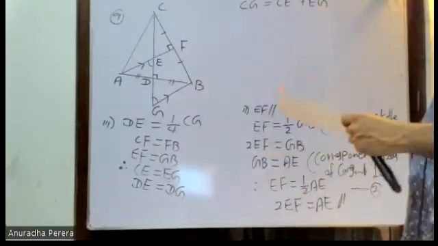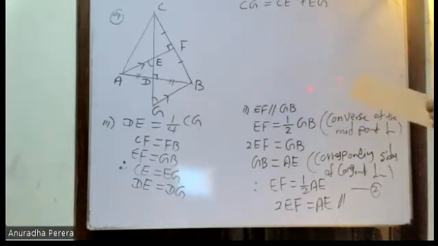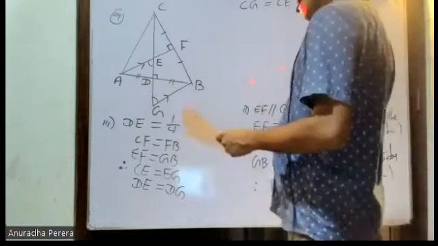DE, right, we know CE equals EG, and then you can write CG equals to EG, right?